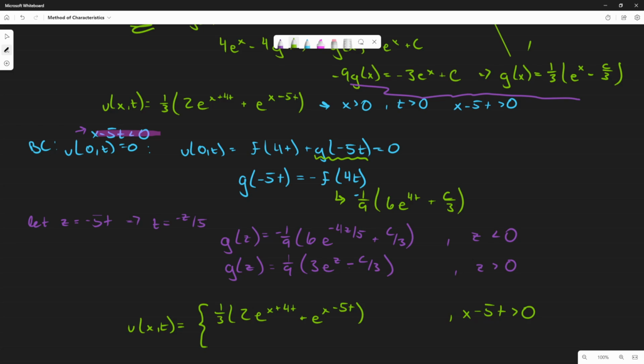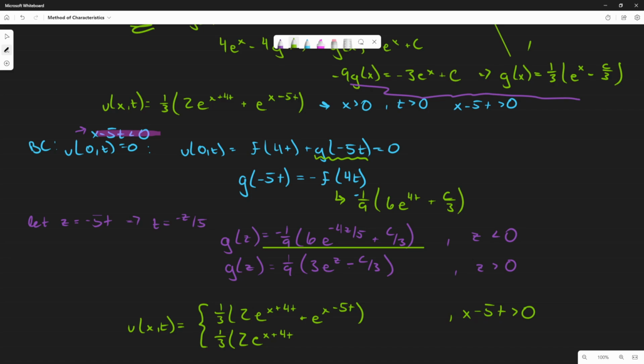And then the other case will be this portion right here. So it will still be, factor out the 1/3, and f will stay the same, so it'll be 2e to the x plus 4t.